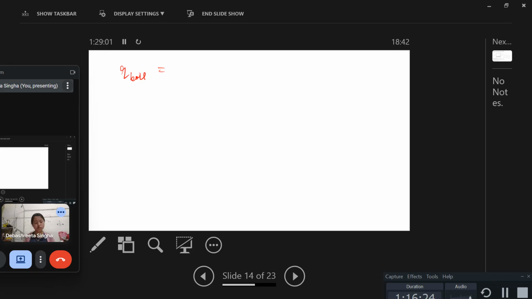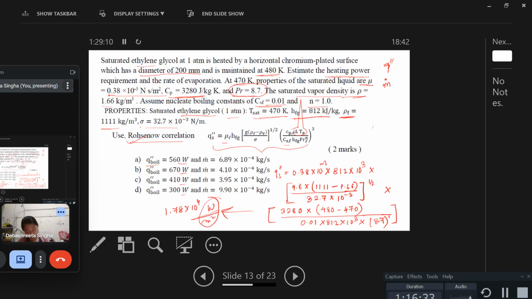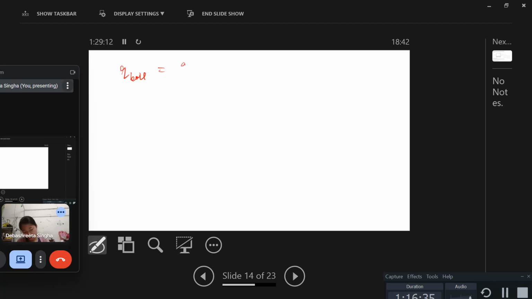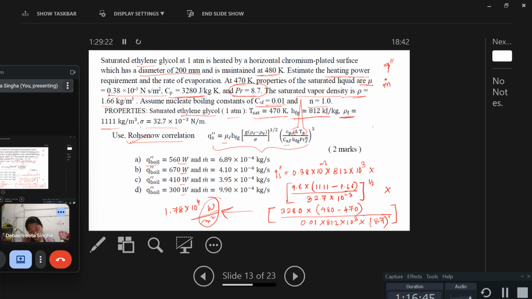So Q boil is equal to Q double dash into area. How much is the surface area? They have given only diameter, nothing else, so we can consider it as a cross section.